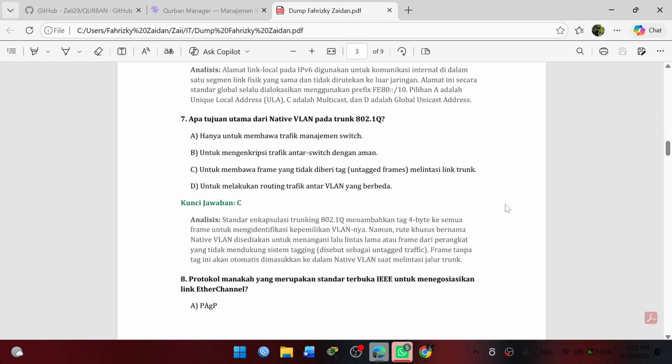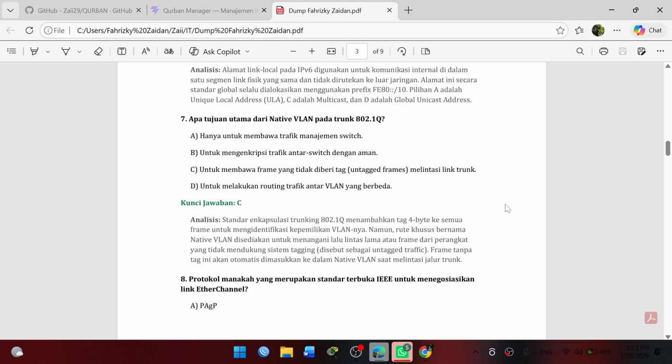Next, number 7. What is the primary purpose of the native VLAN on an 802.1Q trunk? The correct choice is C. The 802.1Q trunking standard typically adds a 4-byte tag to all frames to identify their VLAN.